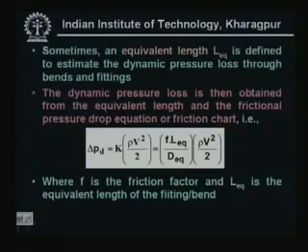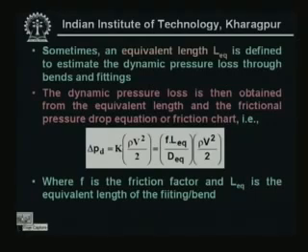This 20 meters is what is known as the equivalent length of the fitting. Once I know the equivalent length, I can use the standard friction charts or the friction equations to find out the dynamic loss. That means I am expressing the dynamic loss in terms of a friction loss by using an equivalent length. The equivalent length obviously depends upon the momentum change and the dynamic loss due to momentum change. That is shown here in this equation. The dynamic pressure loss is then obtained from the equivalent length and the frictional pressure drop equation or friction chart.